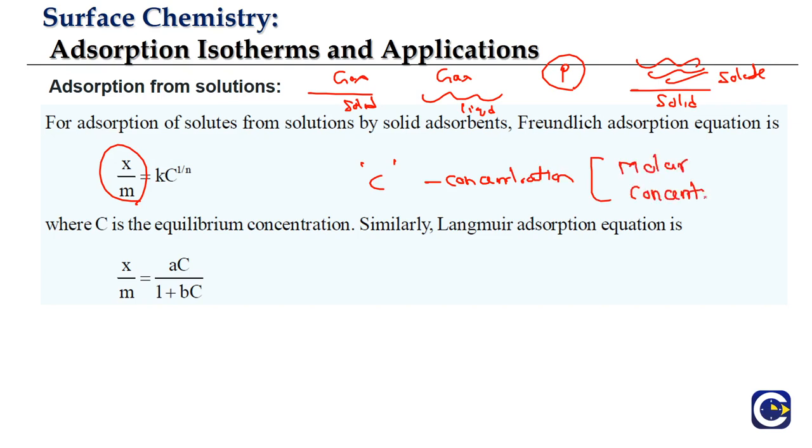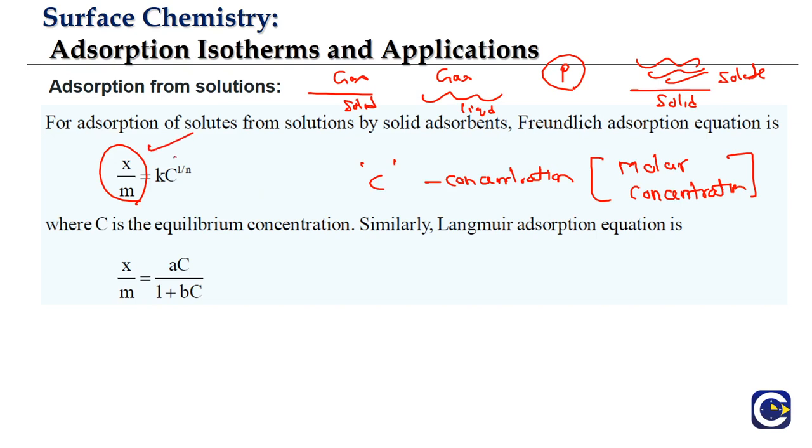For the Freundlich isotherm as well as the Langmuir isotherm, we have similar expressions, but wherever we had pressure, we now have the concentration.